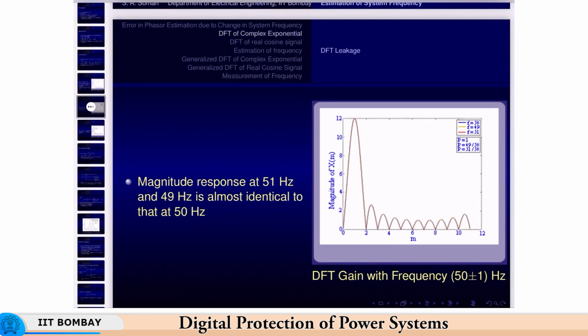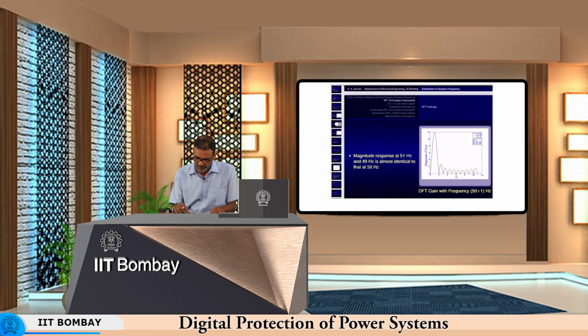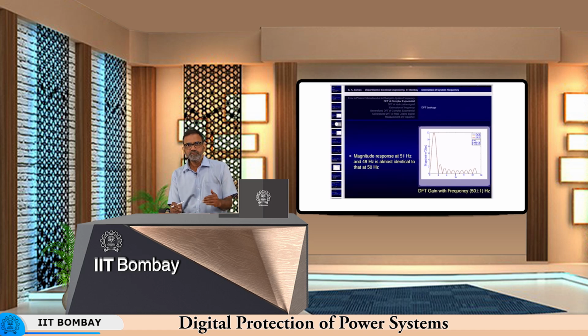Okay, what happens when the frequency changes from f0 to f? This is of course only the magnitude of X of m, and you can see here that for very small changes of frequency, the magnitude leakage is very small. However, the angle leakage can be quite significant, is what we saw last time or one lecture before that.